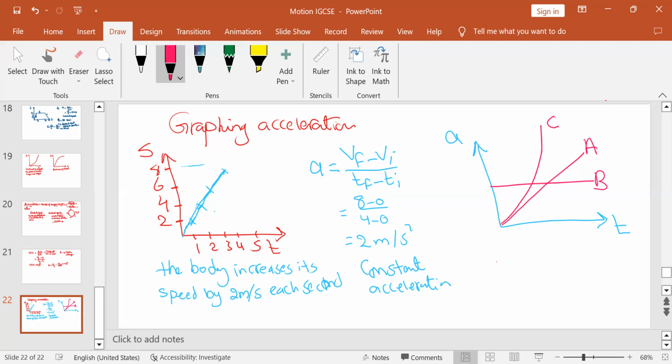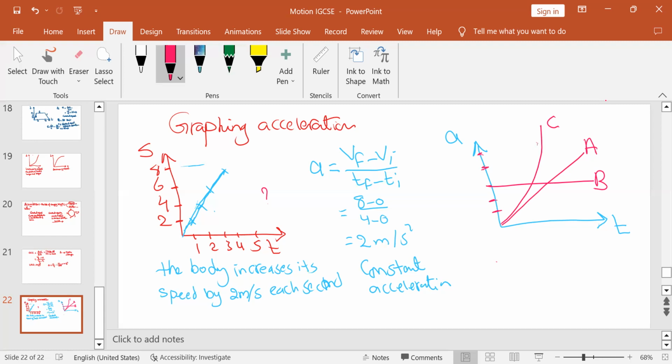It's whether A or C. A or C? Let's discuss A. Here, what does graph A mean? If we have numbers here, it means that the acceleration increases. Here in this graph, does the acceleration increase?